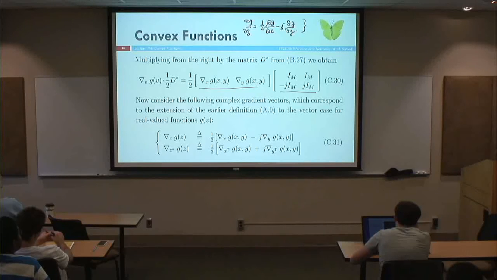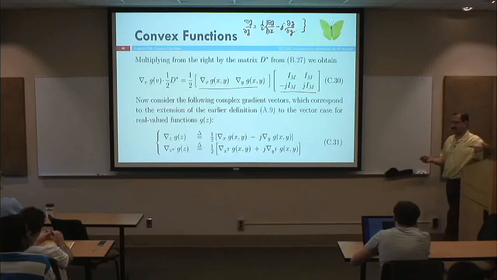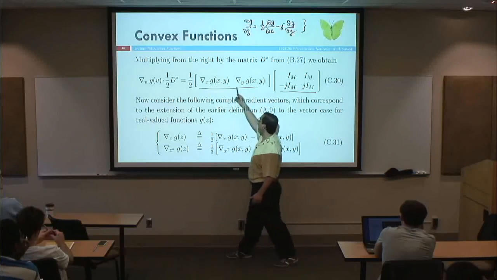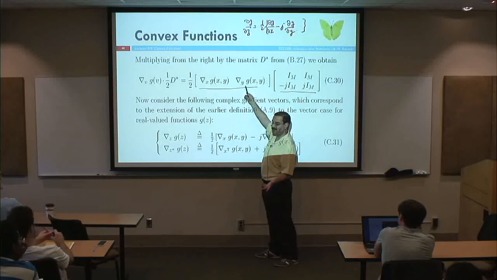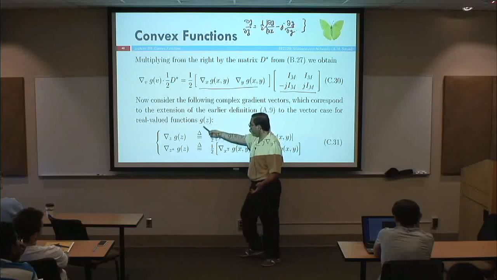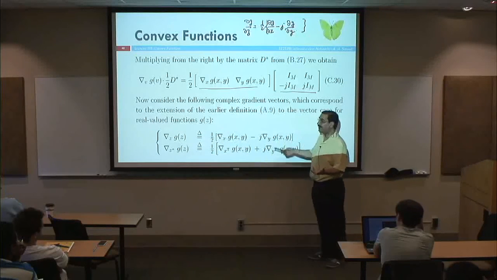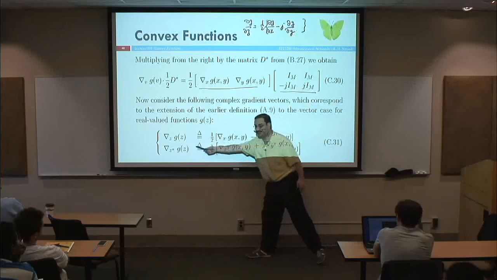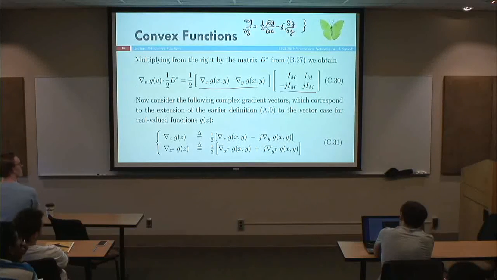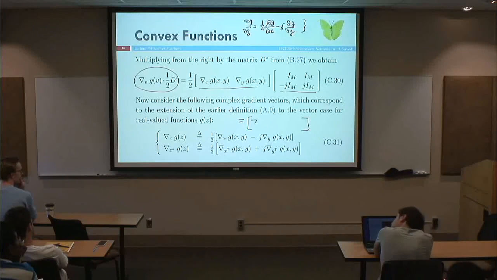And similarly for z star, there was a similar relation. So this is exactly what you have. If you combine them, you will get the gradient relative to z, and likewise for the second column, the gradient relative to z star. So this product will be this row vector: gradient relative to z, and then gradient relative to z star.